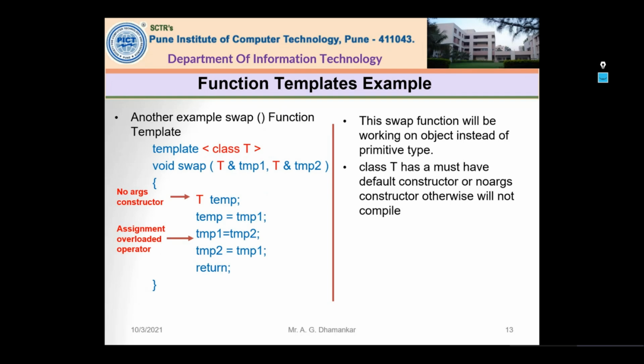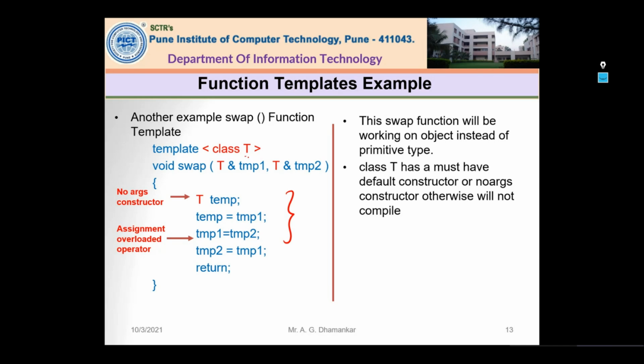Moving ahead, in the same way we have to talk about the swap function also. Okay, now look at this swap function. Now suppose we want to swap two objects' content. Okay, two objects, then this will not be a normal function, this will be normal operations.